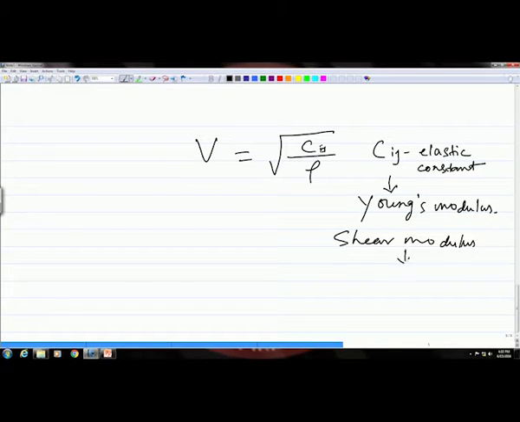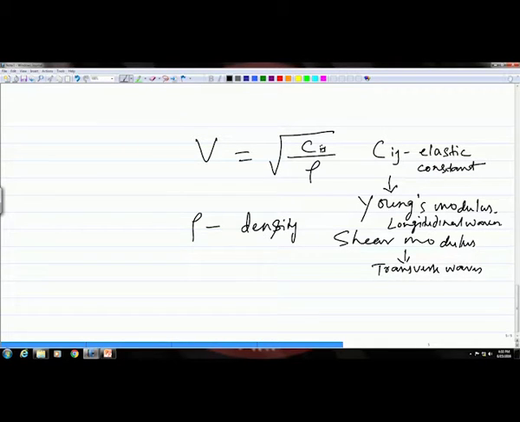So, shear modulus can be used for transverse waves, and Young's modulus can be used for the longitudinal waves. Sometimes Poisson's ratio is also used, and rho is the density. Okay, so, the properties of the material will decide what will be the velocity of sound through that particular material.